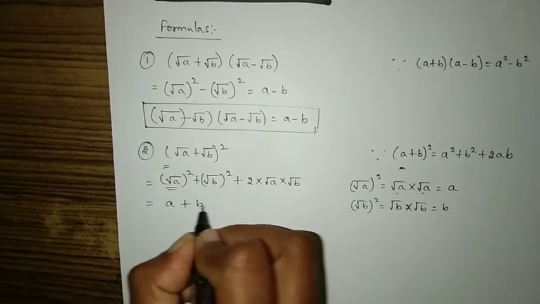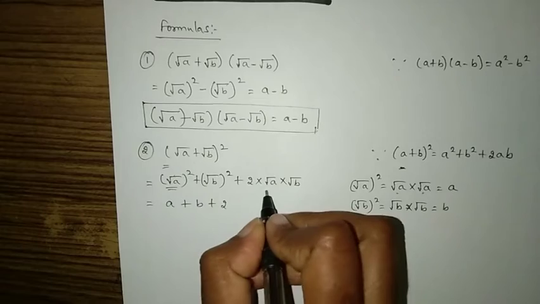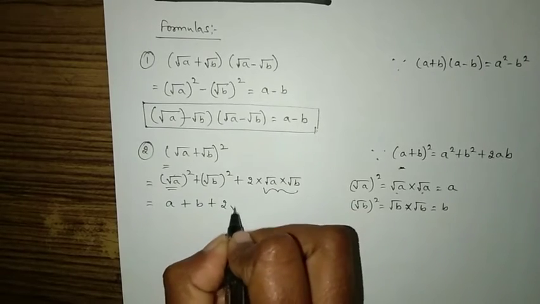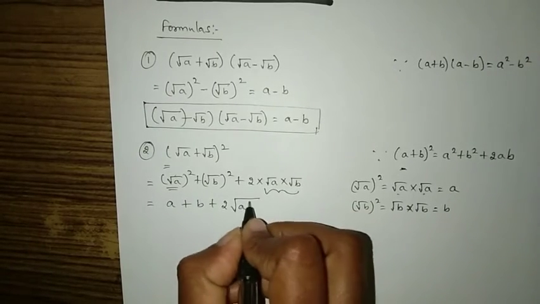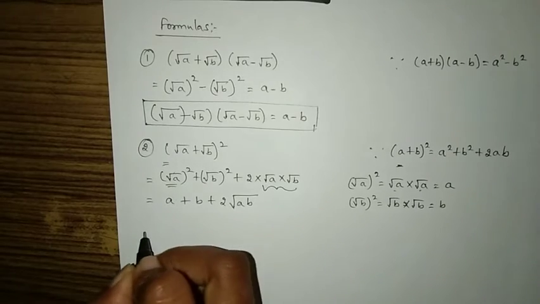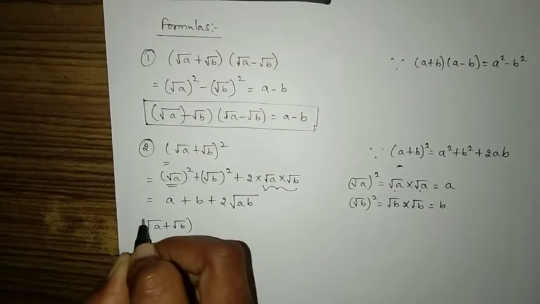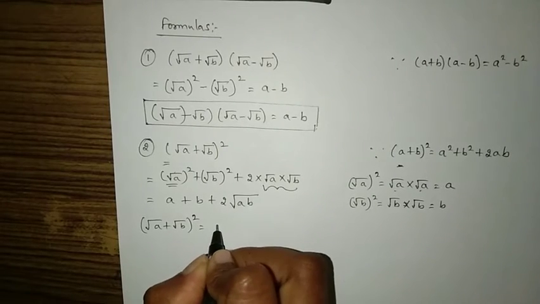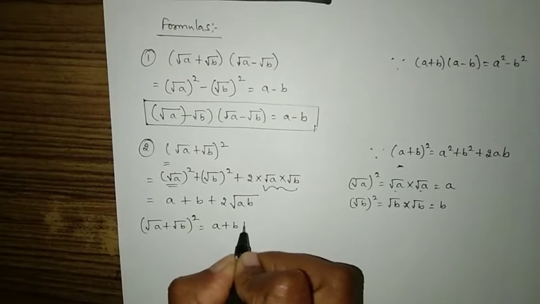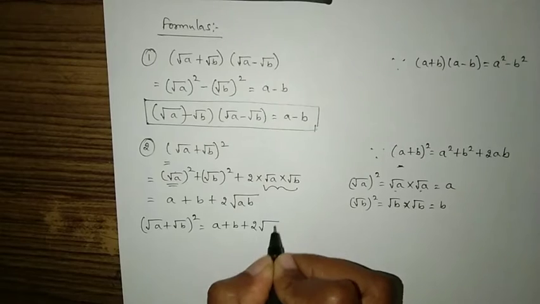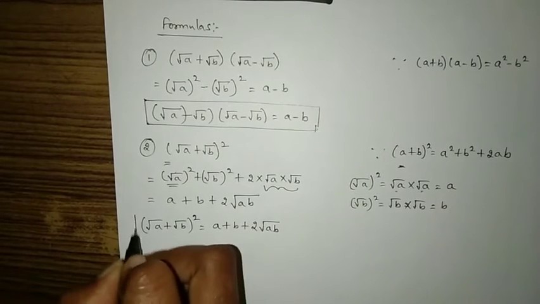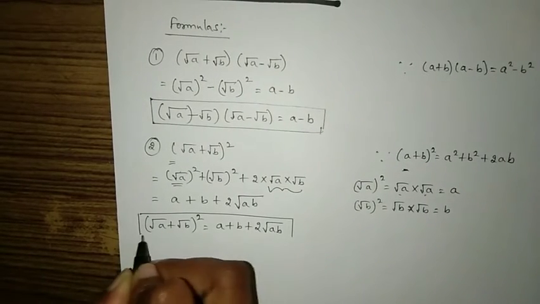So we write b plus 2, and this can be written as root of a into b. This is a formula, that is (root a plus root b) whole square is equal to a plus b plus 2 into root ab. This is another one.